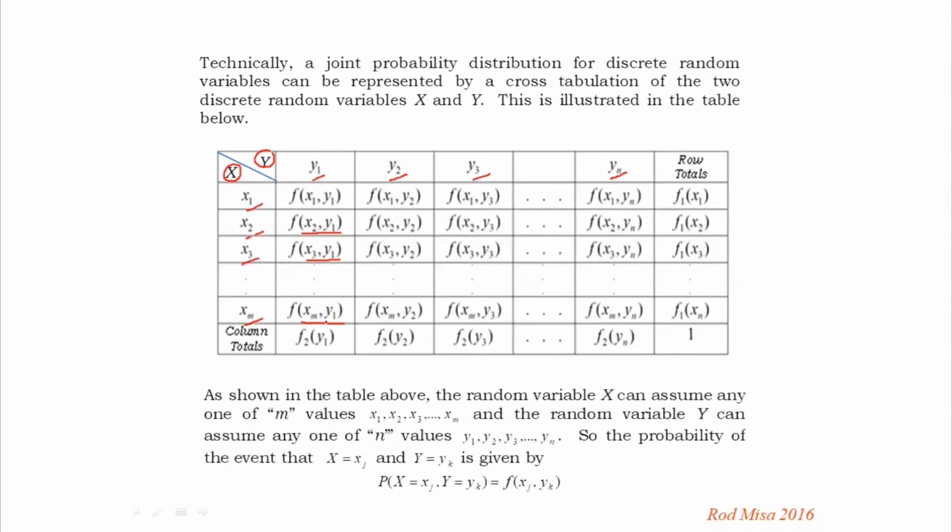As shown in the table, the random variable X can assume one of the m values from x sub 1 up to x sub m, and the random variable Y can assume any one of the n values from y sub 1 to y sub n. So the probability of the event that X will have a specific value of x sub j and Y will have a specific value of y sub k is given by the joint probability mass function f(x sub j, y sub k).